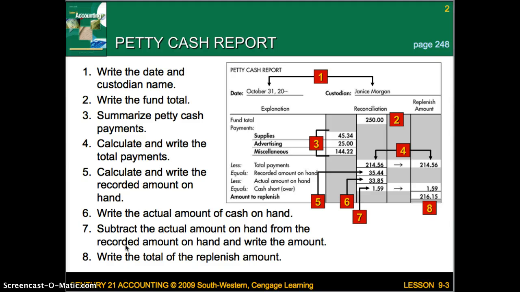So, a petty cash fund enables a business to pay cash for small expenses without writing a check. We talked about this a little bit in Chapter 5. This would be like when a business has maybe $200 up at their little front desk, like an insurance business or something.